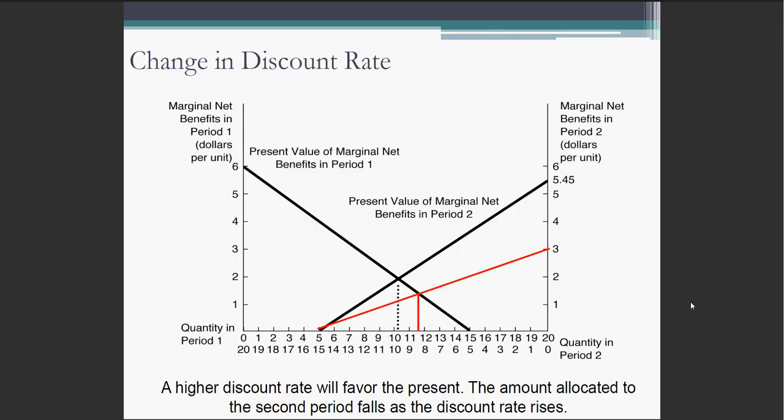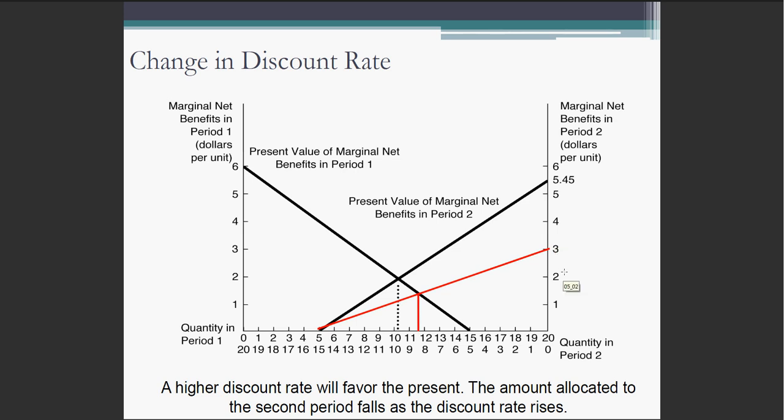Marginal user costs rise over time at the rate of discount, causing efficient prices to rise over time and thus reflect scarcity. That's why the prices of the good in generation 1 are cheaper than in generation 2. But a higher discount rate will favor the present, as you can see here by a red line. This is an increased discount rate from r equals 0.1 to a larger value.